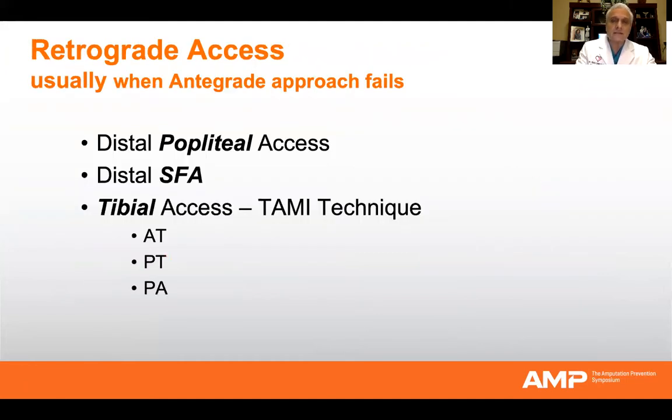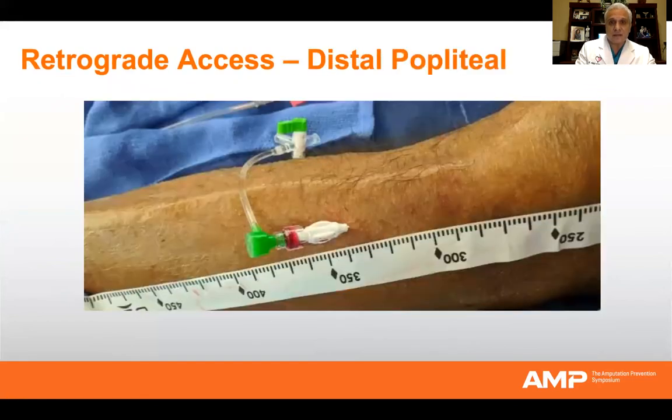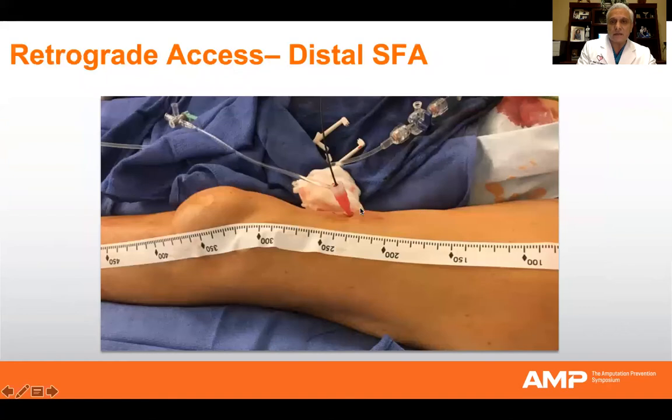So when we talk about retrograde access, we are talking about the distal SFA, popliteal, and again tibial vessels. This is one example of a distal popliteal access in the anterior fashion. This is the knee joint, and this is just between the bones, going retrogradely from here. And here, this is a distal SFA access going retrograde.